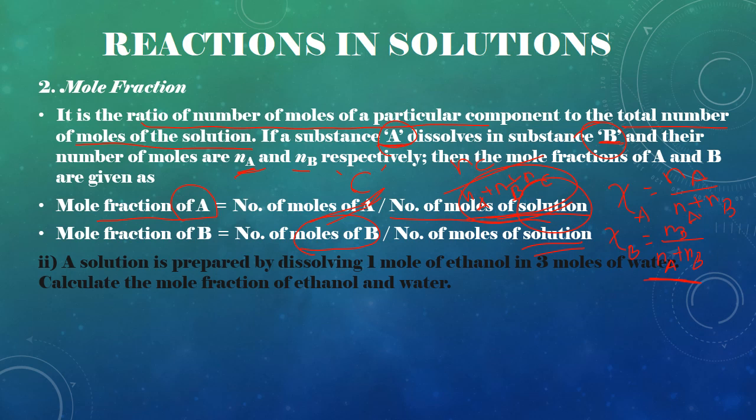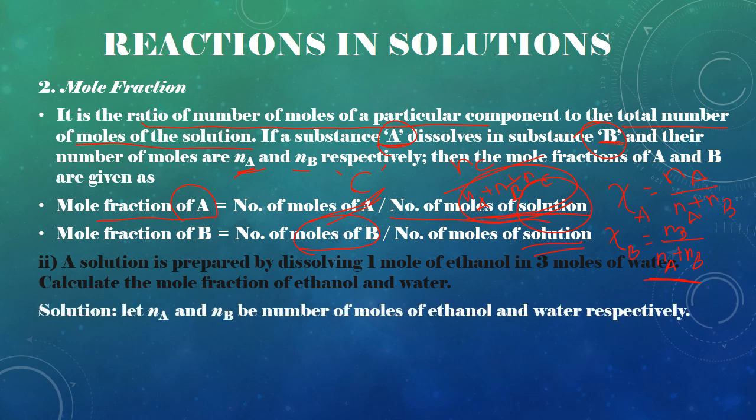A solution is prepared by dissolving 1 mole of ethanol in 3 moles of water. Calculate the mole fraction of ethanol and water. So we have only two substances here, ethanol and water. Let us assume that number of moles of ethanol is Na and number of moles of water is Nb.